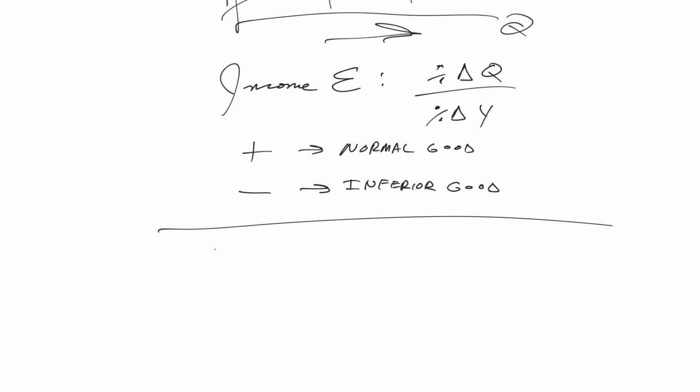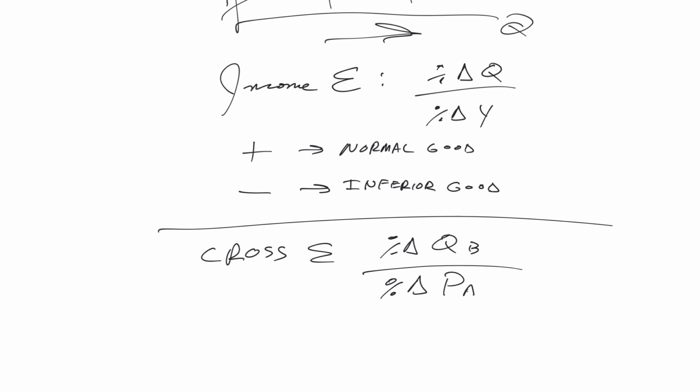And then we have cross-price elasticity, percent change in quantity of good B in response to the percent change in the price of good A. We've got two different goods going. If it's positive, they must be substitutes.